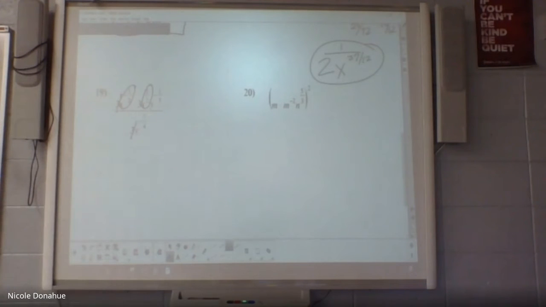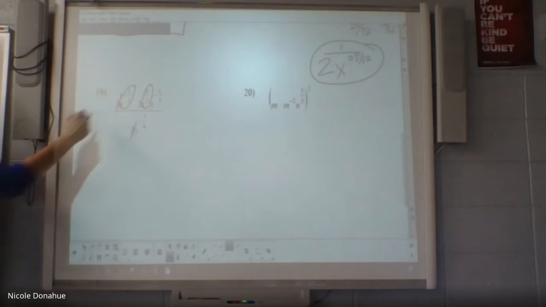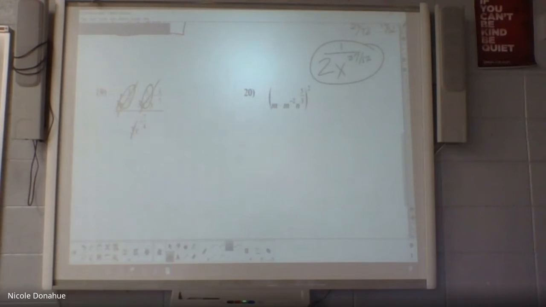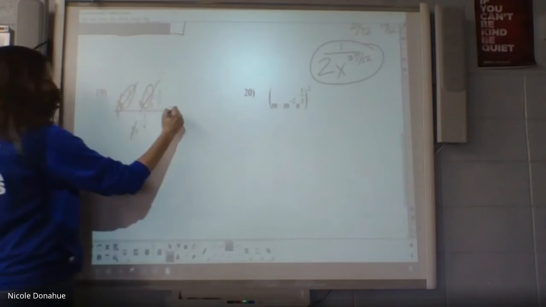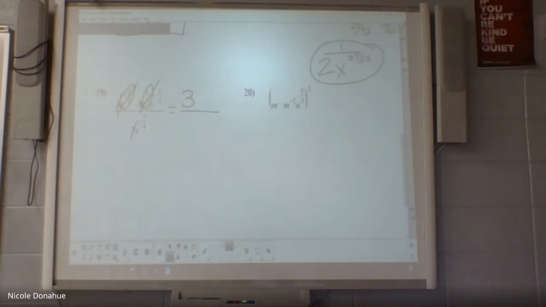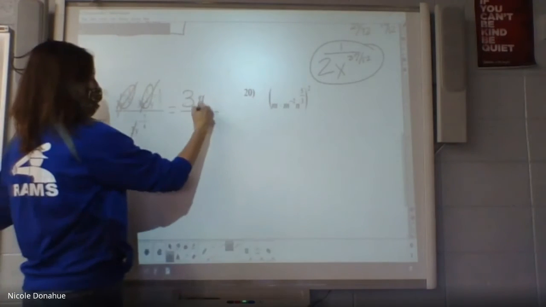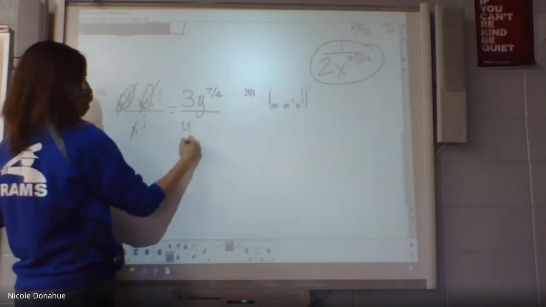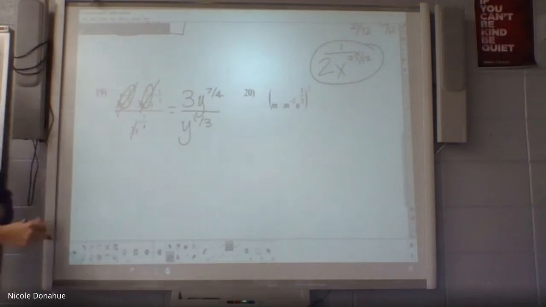Those just cancel, because it's x to the 0 power. That just goes away. So there's just a 3 on top. What about those y's? They do not cancel. I would probably flip them, because they're both negative. So 7/4 on top, 1/3 on the bottom.